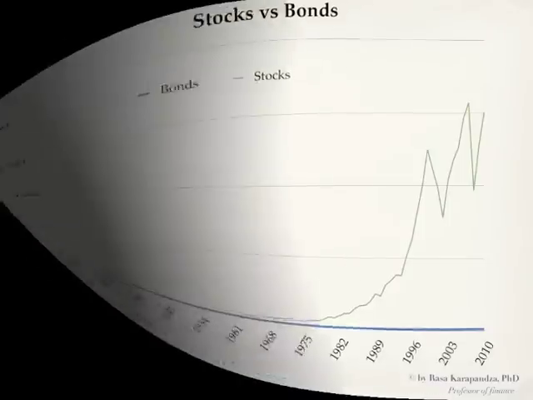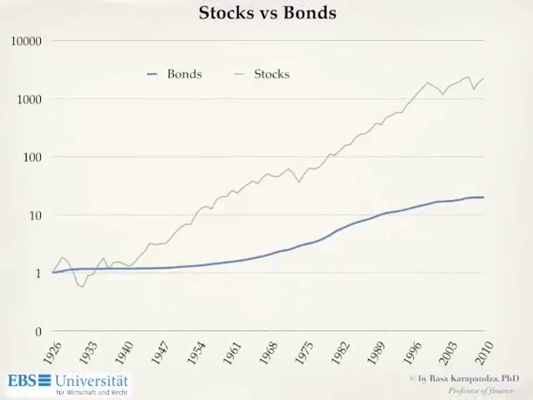So, if you observe on a log scale, so what is this? This is the same chart from before, but the y-axis does not go 0, 1, 2, 3, 4, 5. It's not a linear scale. It's a log scale. It goes 0, 1, 10, 100, 1,000, 10,000. So on the log scale, you can actually see that by investing $1 into bonds, you would end up with like, I don't know, $20 after almost 100 years.